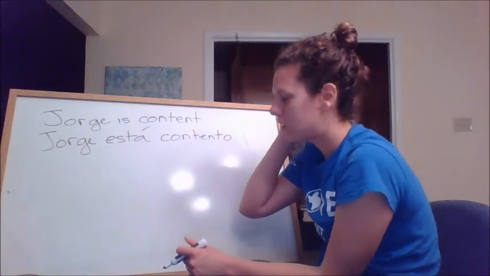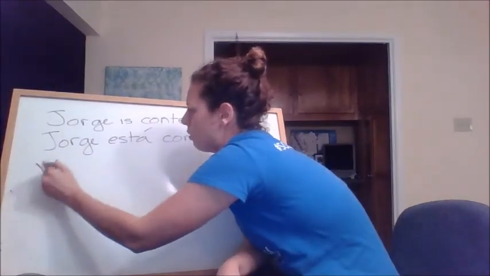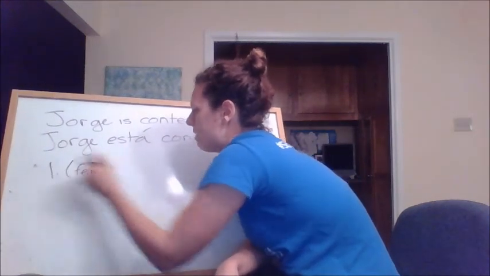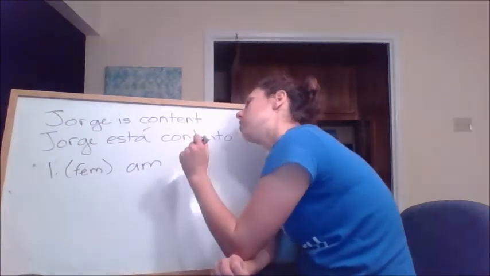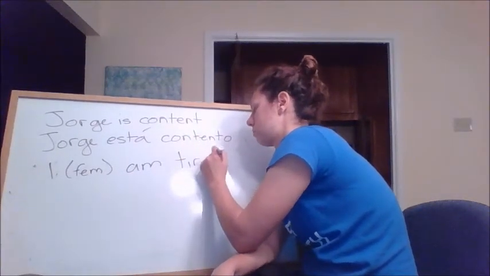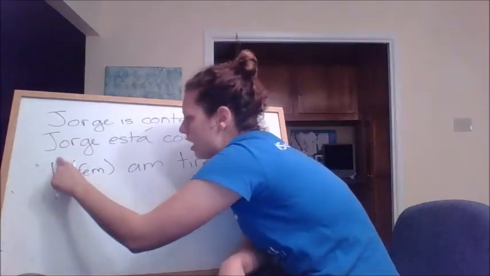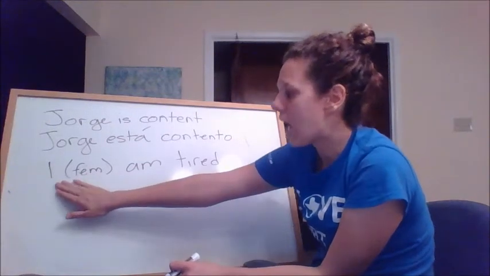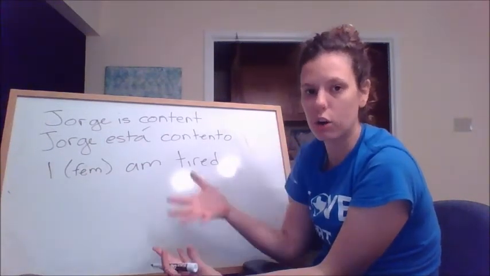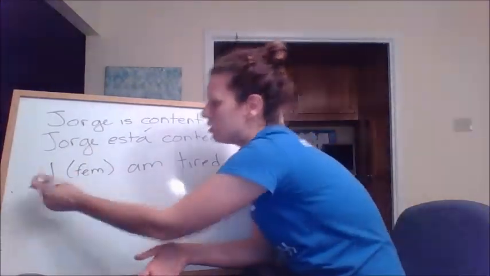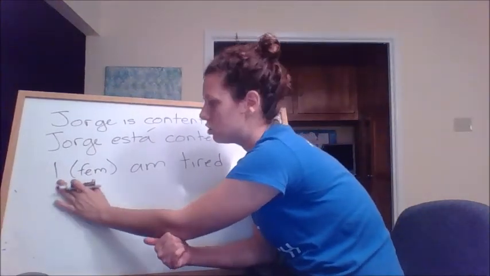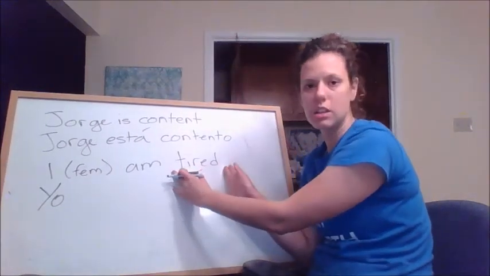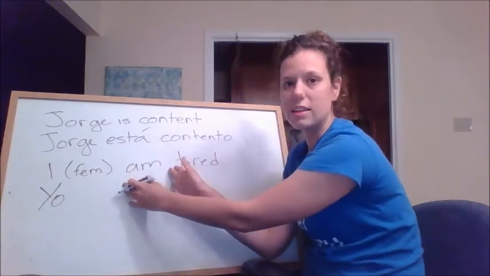If it had been like, yo, feminine, or whoops, sorry, I, feminine, am tired. I am tired. This is also a condition. But I indicated that I is feminine, so that means that I is a girl in this case. So again, you have to include the subject pronoun, so you can't just leave this off. So you have to say, yo, this is a condition, so we have to use estar.